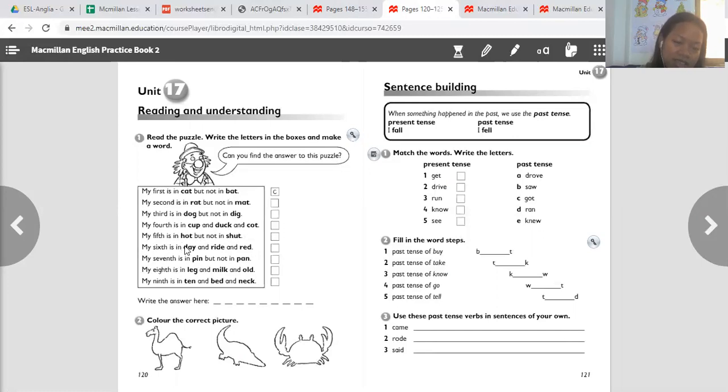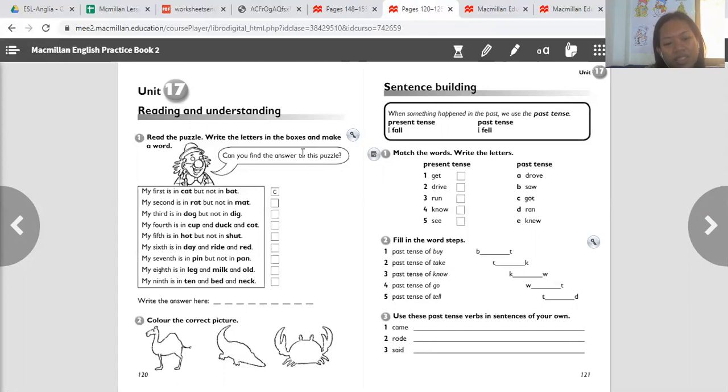My sixth is in day and write and read. My seventh is in pin, but not in pen. My eighth is in leg and milk and old. My ninth is in ten and bed and neck.